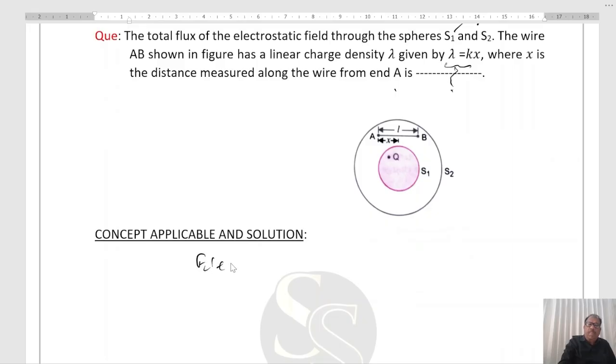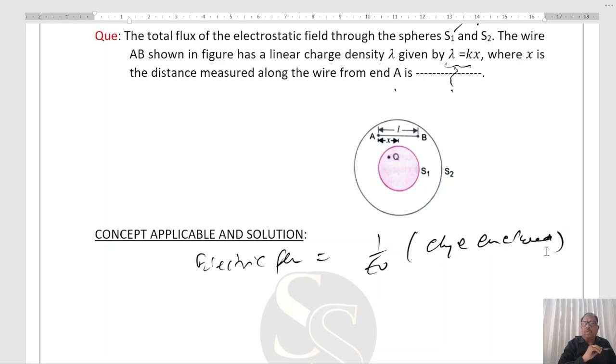Electric flux is given by 1 over epsilon naught into the charge enclosed. This is the formula.